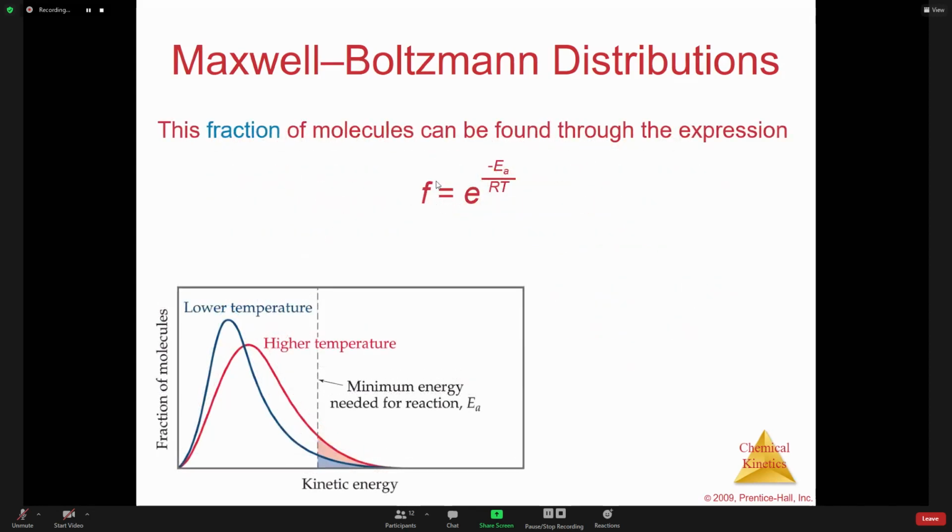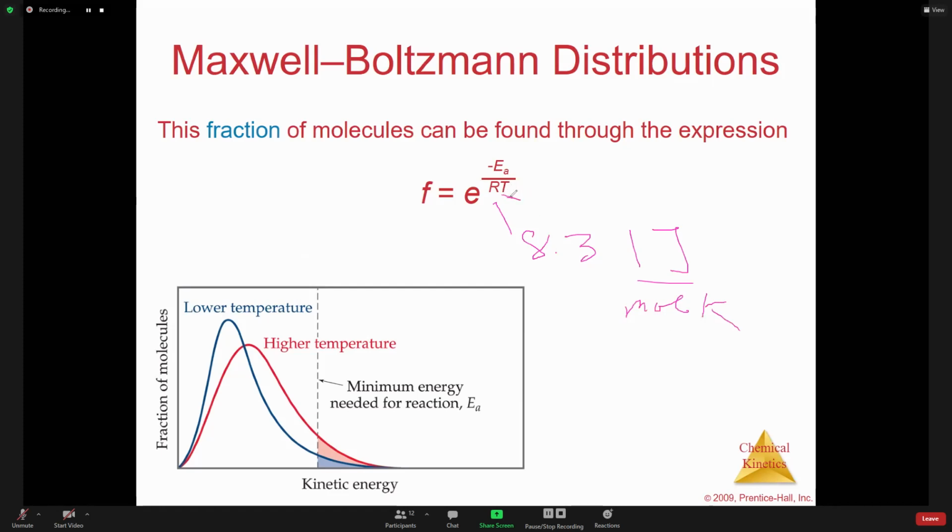Okay, so F is the fraction of molecules under this curve. That's a new little thing. E is just the E on your calculator, the number. R is our gas law constant, but make sure you are using the right one. There's 0.0821, there's different units. Make sure you're using the 8.31 because that breaks down into joules per mole Kelvin.